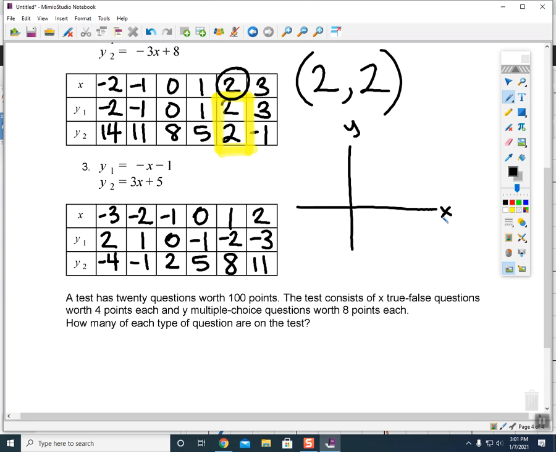So I want you to pay attention to where the y values switch. Initially, when I'm over here at -3, my y1 value here is positive, and my y2 value is negative. Still positive, still negative. Something happens here.